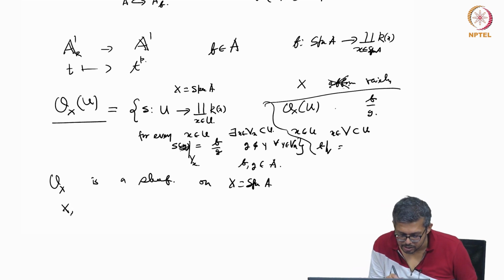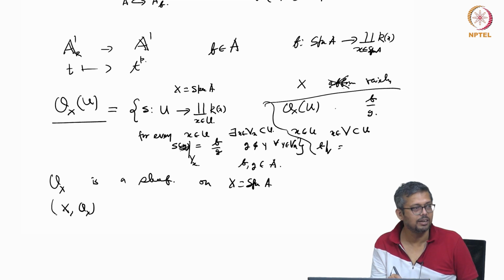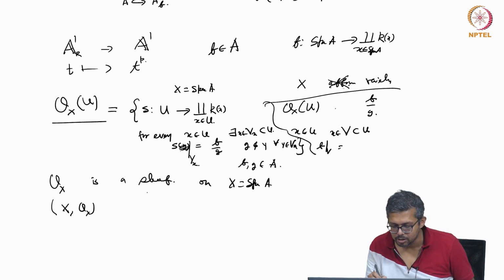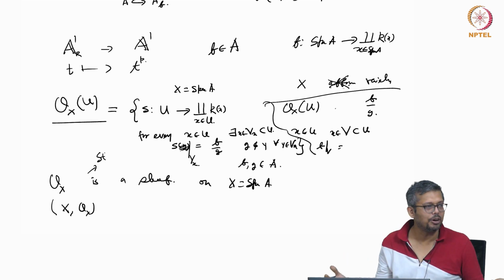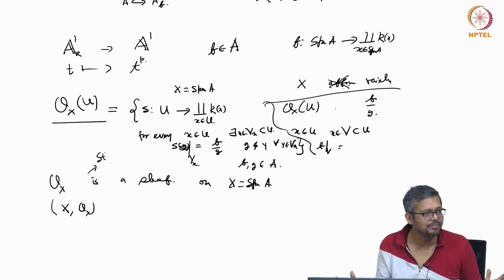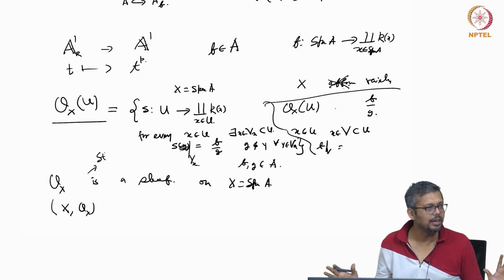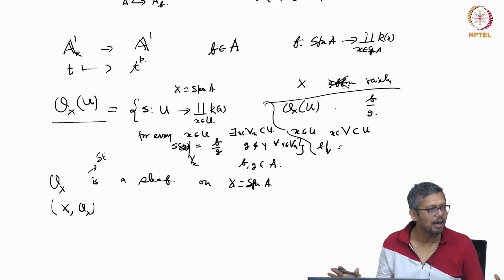This X with this sheaf structure, this OX, is called the structure sheaf. Because from A you got it, right? I did not give you anything else. From A I am getting everything. So that's why it's called the structure sheaf.